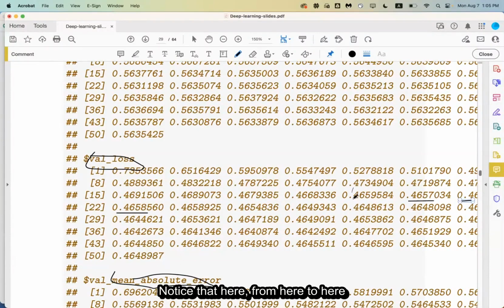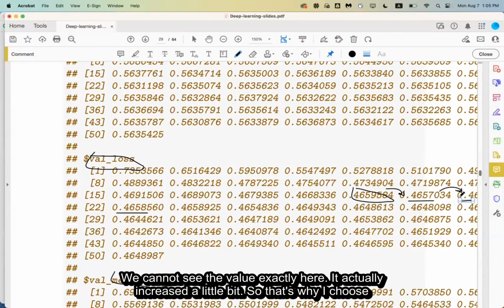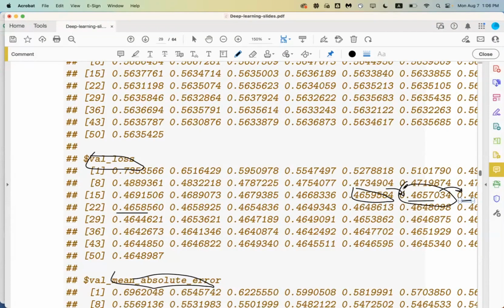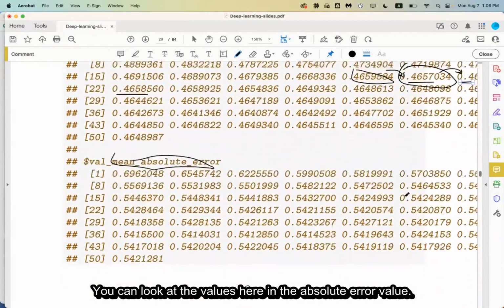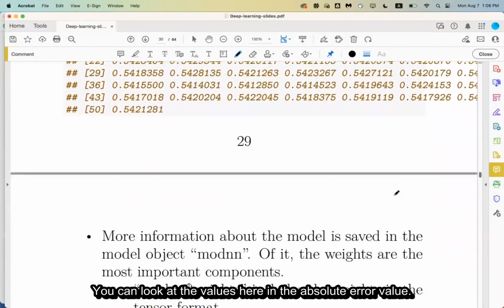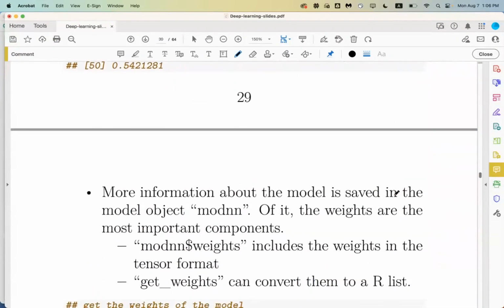Notice that from here to here, the loss decreased, but from here to here, it actually increased a little bit, so that's why I chose epochs equal to 20 here. You can look at the values here in the absolute error value. Okay.